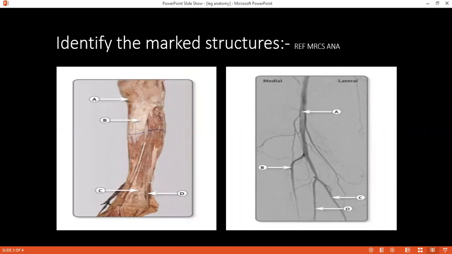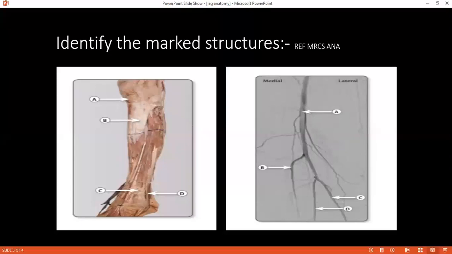What kind of image is it? It's an angiogram. Okay, of which vessel? Femoral. We're discussing the leg. Popliteal. Yes, popliteal. So if just suppose A is the popliteal artery, then what might be B?